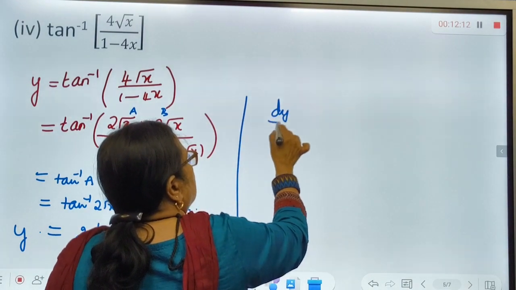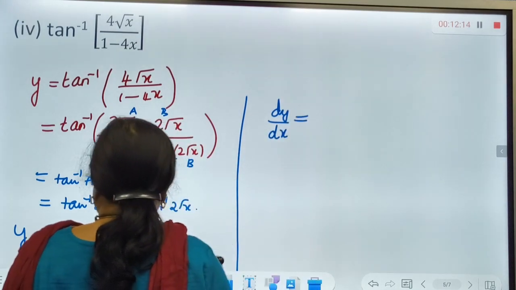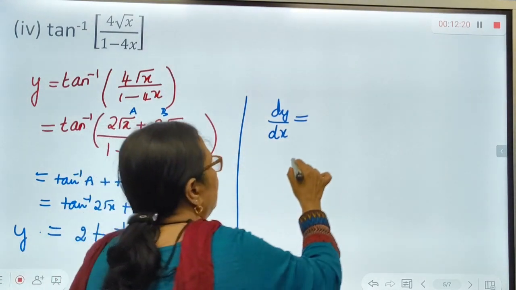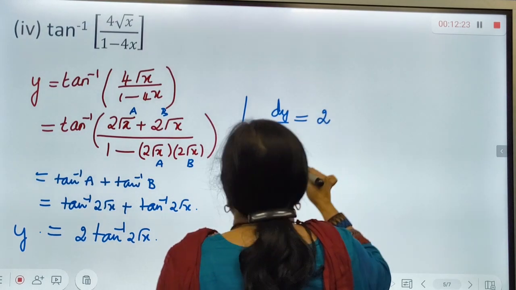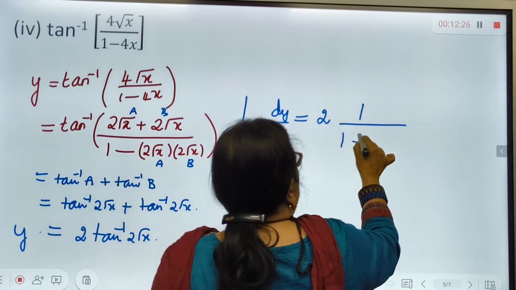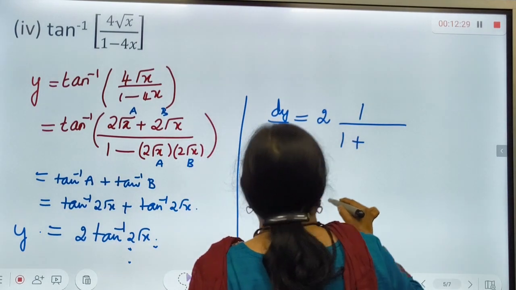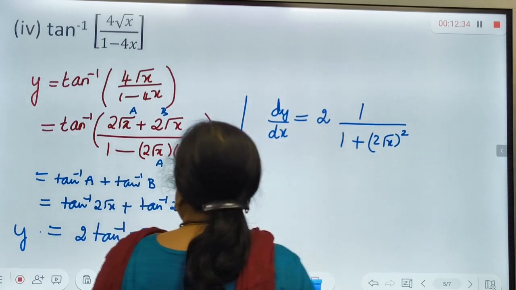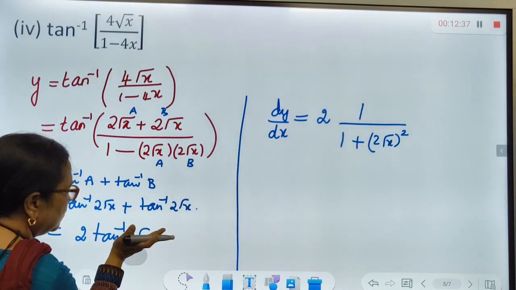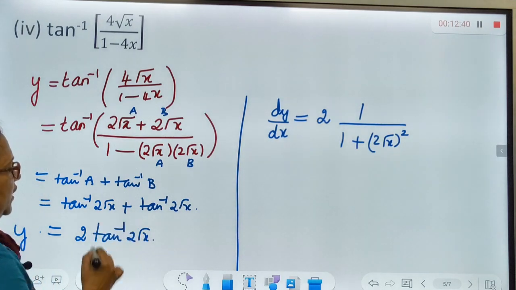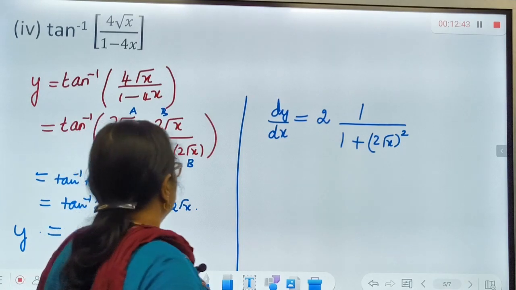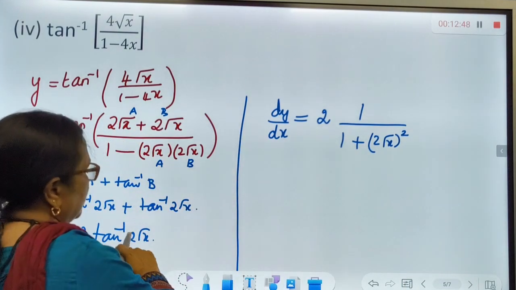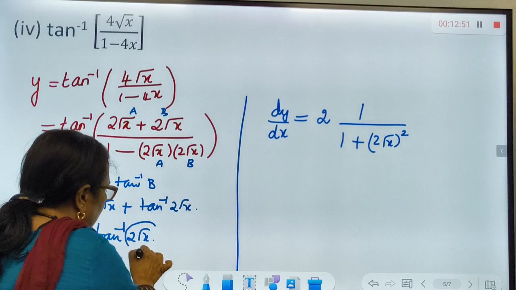Now dy by dx is equal to the derivative of this. What is the derivative of tan inverse x? 1 by 1 plus x square. So 2 times 1 by 1 plus, in the place of x I have 2 root x, the whole square, into derivative of 2 root x.